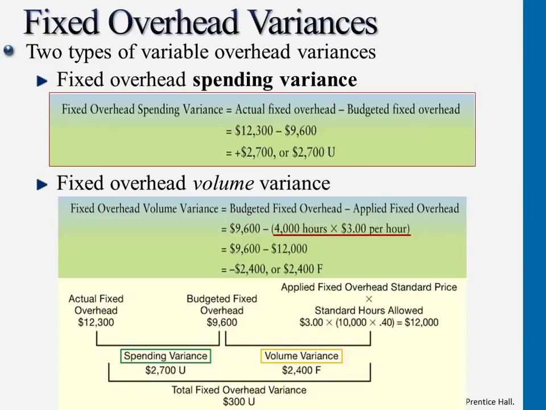What volume variance is showing is that if we use the standard price, the fixed price that we spread to each and every hour, and apply it to the possible hours that could have been spent by the workers, then altogether it's possible that we could have spent $12,000.